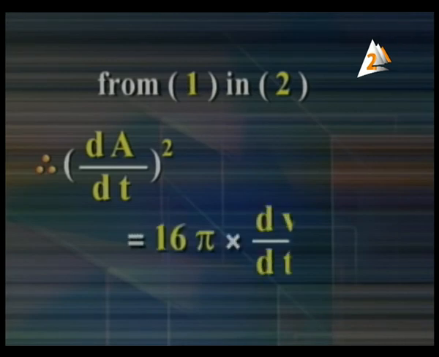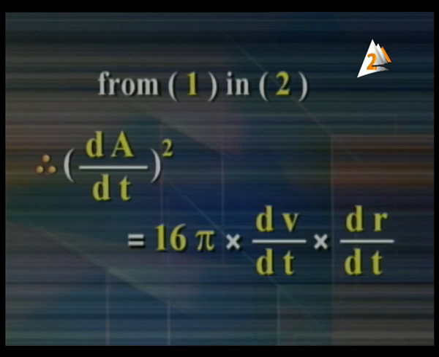Look at equations 1 and 2. From 1 and 2, we find (dA/dt)² = 16π dV/dt times dr/dt. Therefore, this is the relation between area and volume of a sphere: (dA/dt)² = 16π dV/dt times dr/dt.